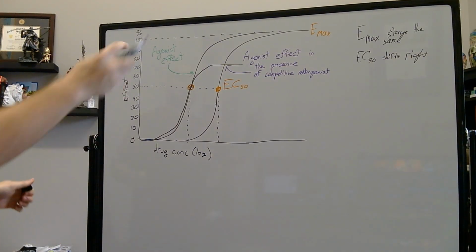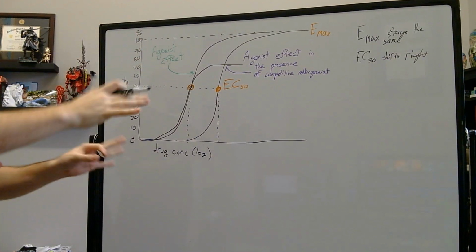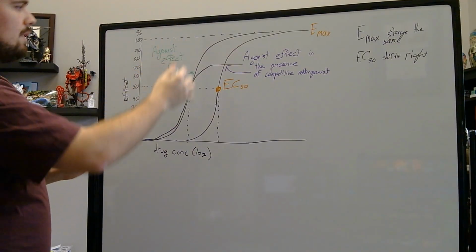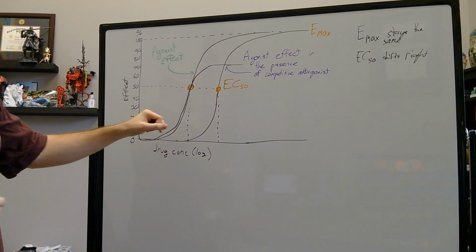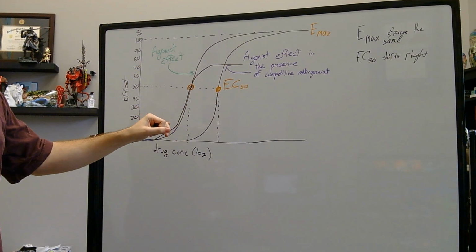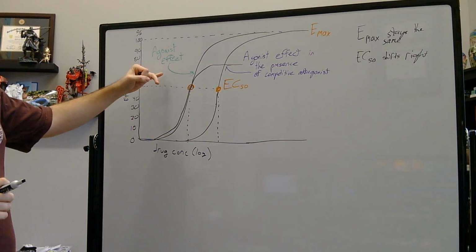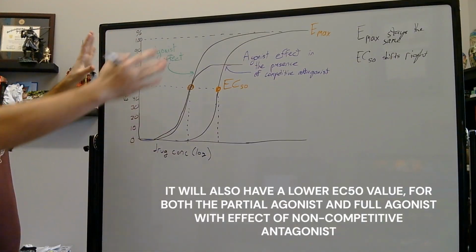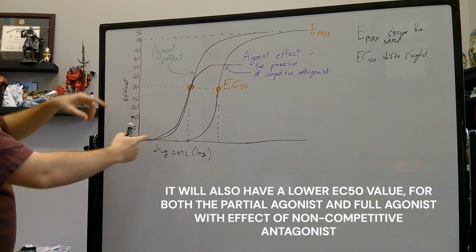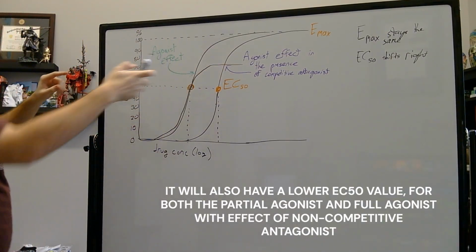So if you have a non-competitive antagonist, it's going to look very similar to the partial agonist that I drew earlier.